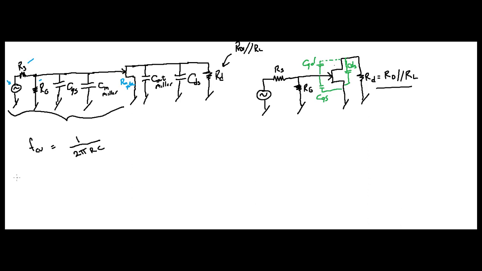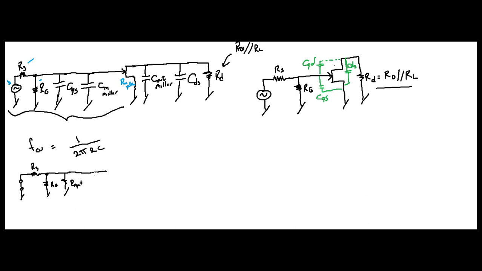There's your source, it's a short to ground. You have RS right here, then you have here, this is RG. Then what are you going to have next to it? All the way over here you have R in gate. I'm just going to put all the resistors together. R in gate. Got it?